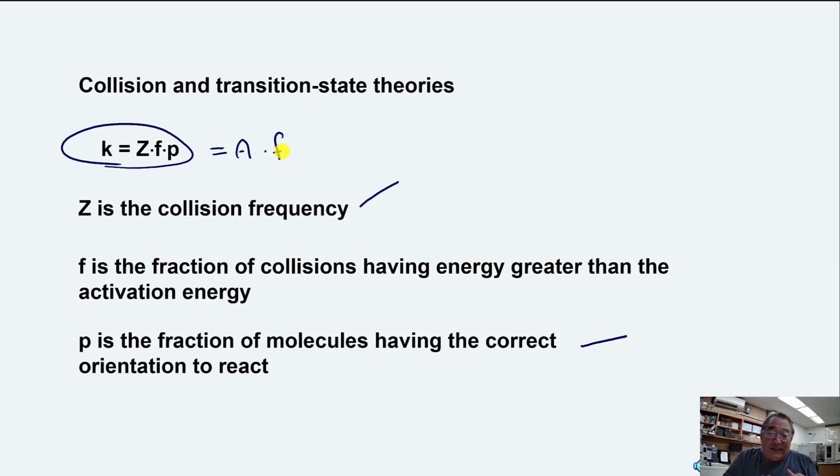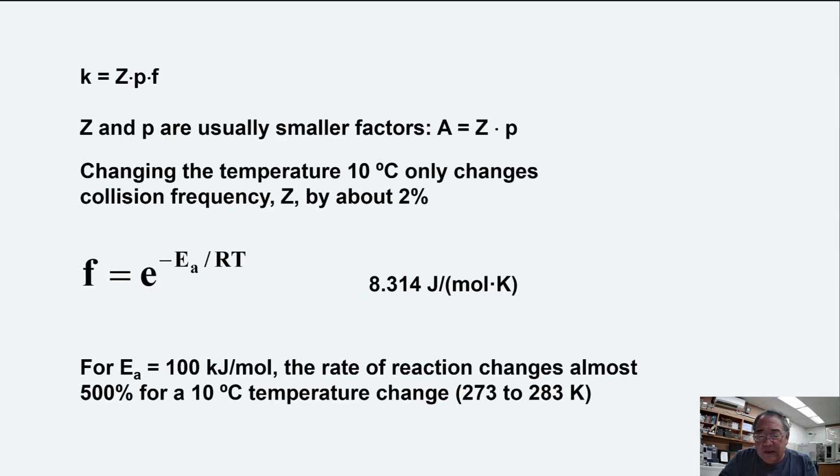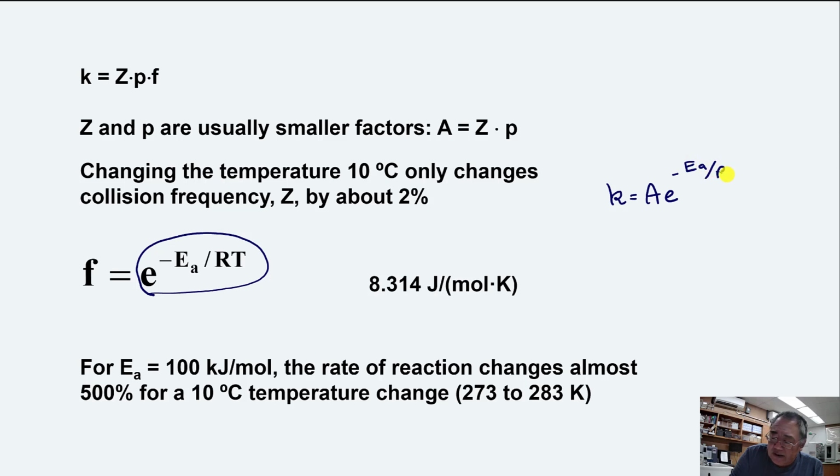Fortunately somebody did all the hard math, and this is the result. The fraction of molecules with enough energy is given by this term. So the equation becomes k equals A times e to the minus Ea over RT.